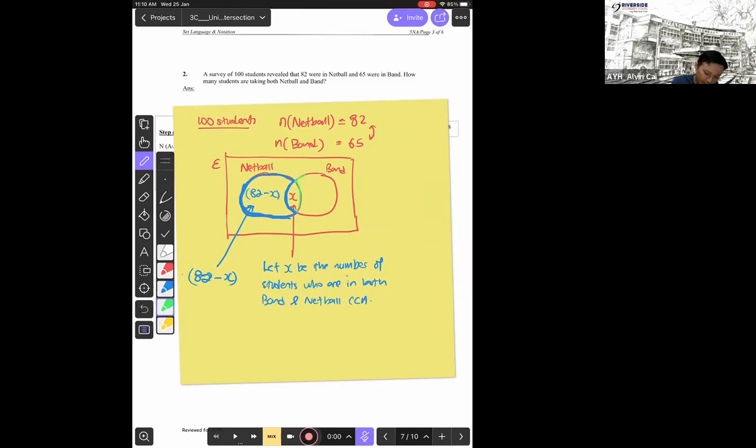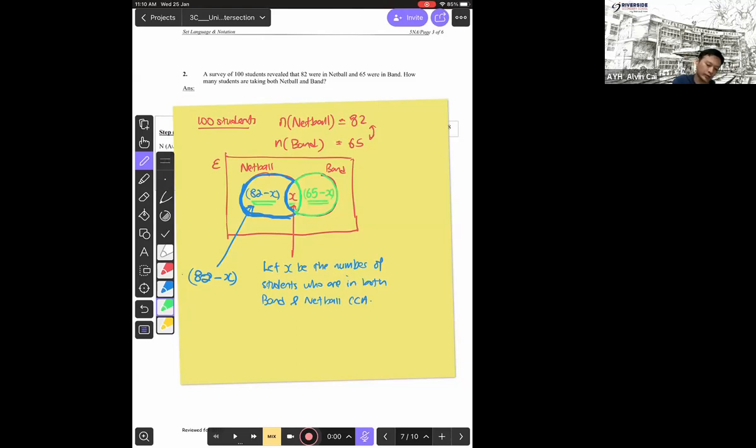Then now I'm going to find the number of students who are just purely in band, because band is 65, right? But that 65 includes students who are also in netball as well. So we need to minus that X. Okay, so now we have three components. One is purely netball, which is 82 minus X. X is the one that is both netball and band.